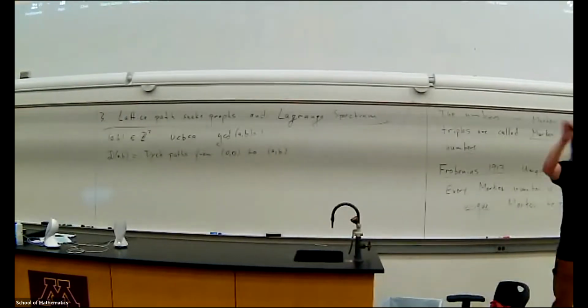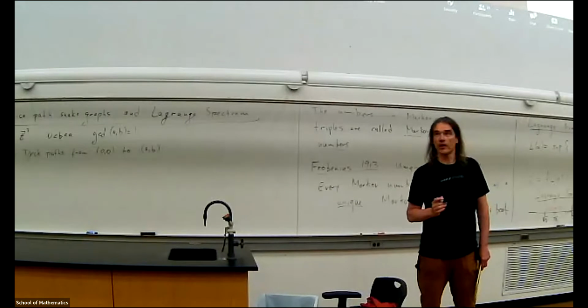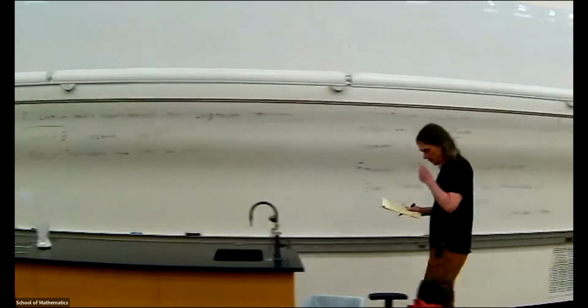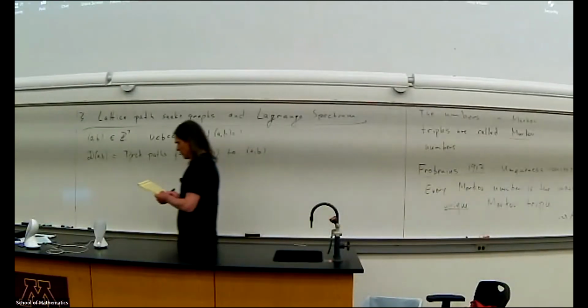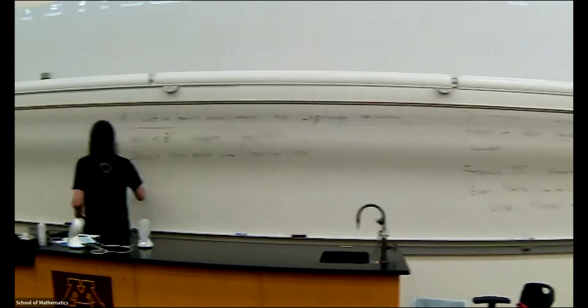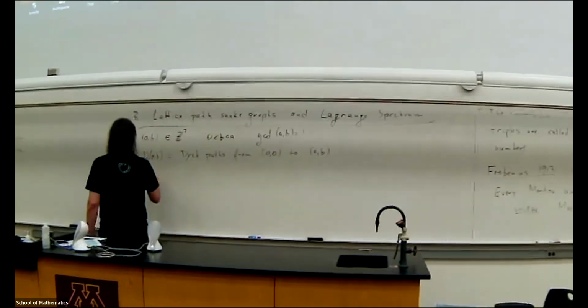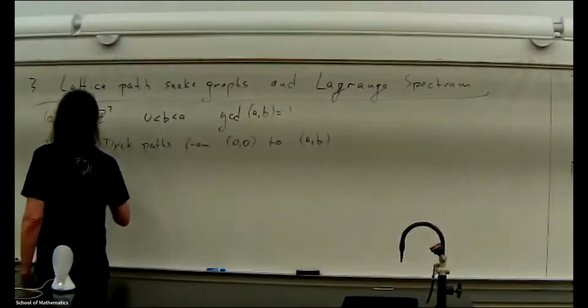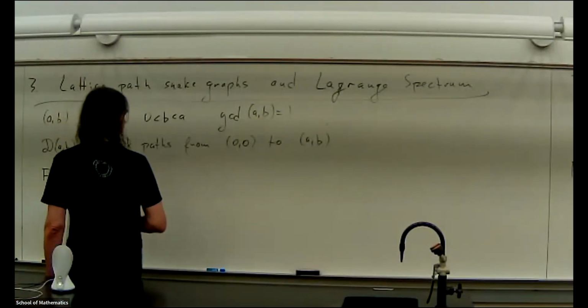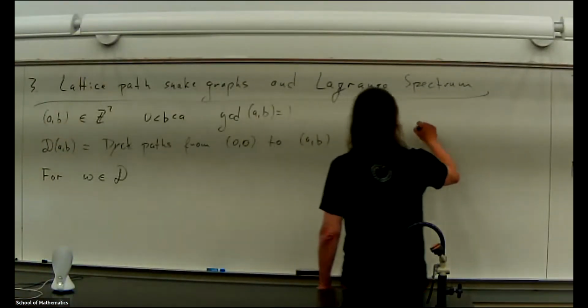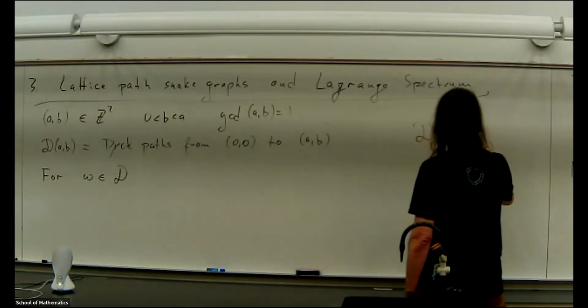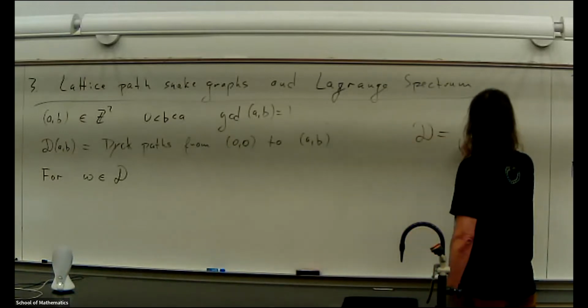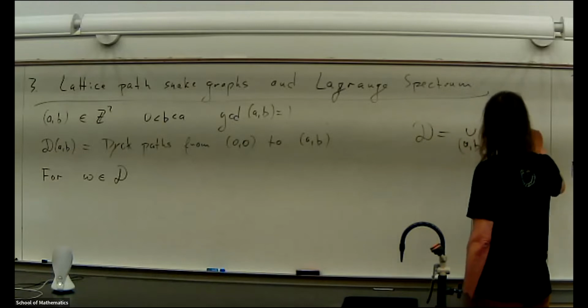And you always have to stay below the diagonal. That's what I need. And, sorry, I also sometimes need this D, which is the union of all these D(a,b).